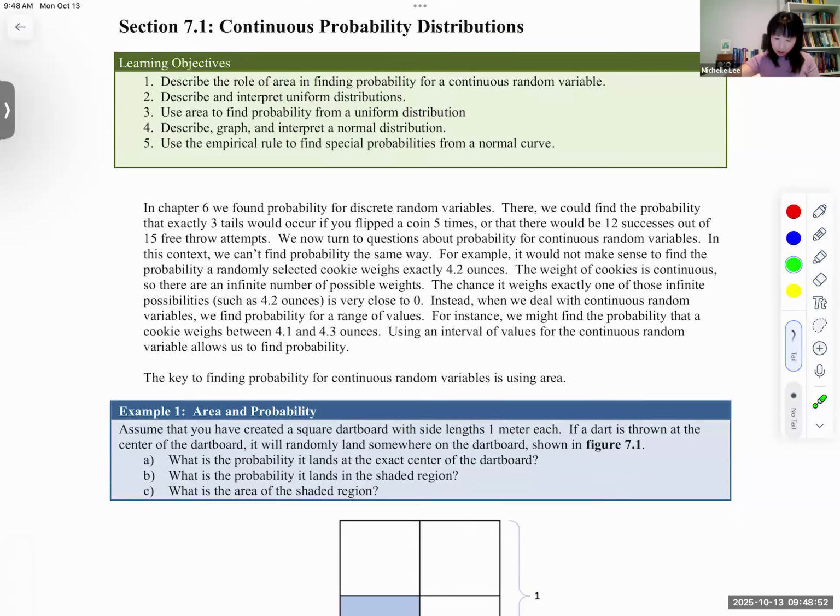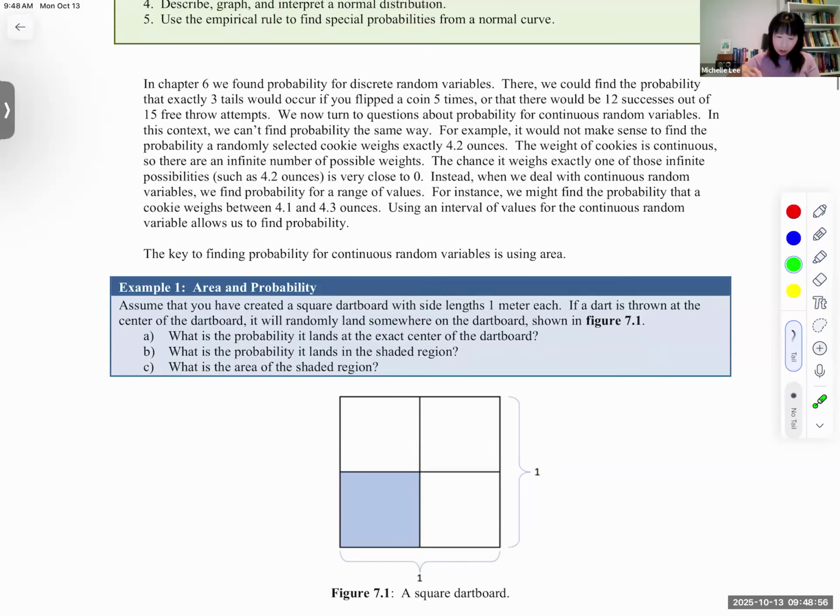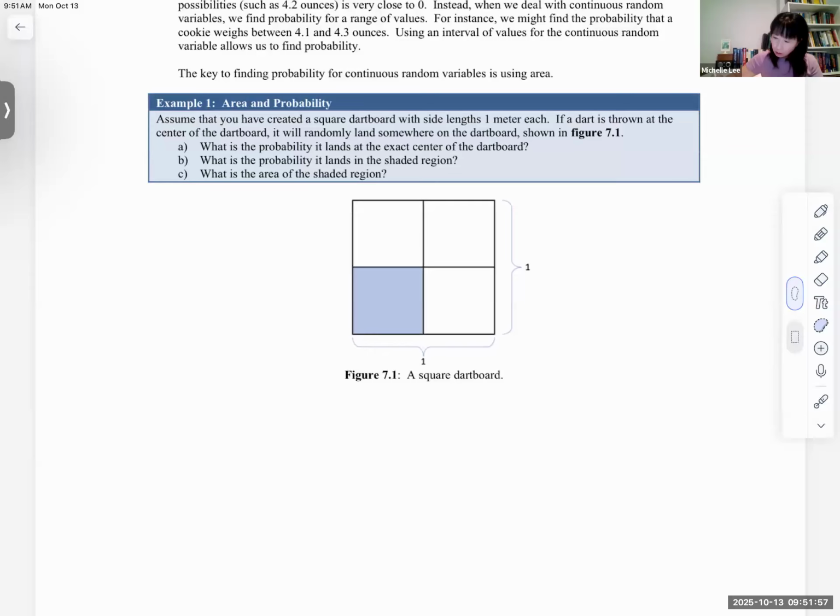Okay, let us take a look at this one, area and probability. Assume that you have created a square board with a side length of 1 meter each. So this is 1 meter, and this is 1 meter.